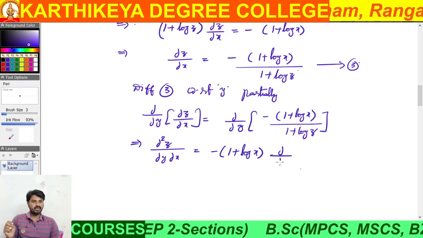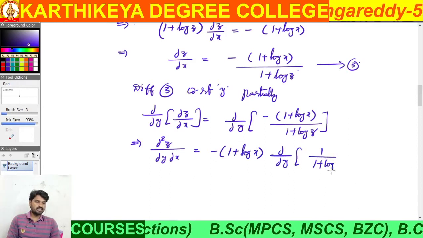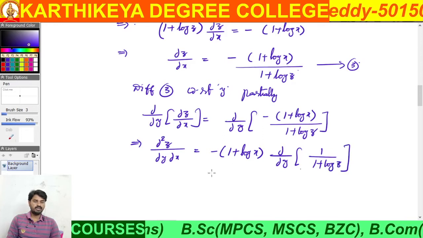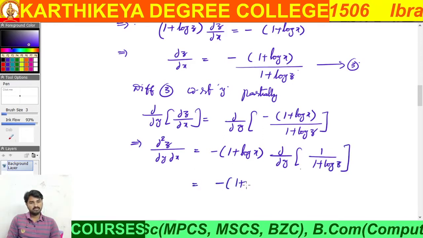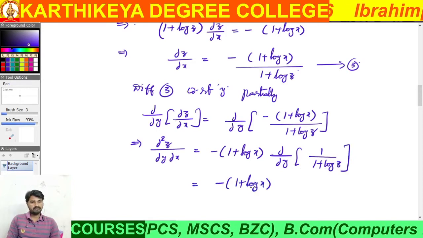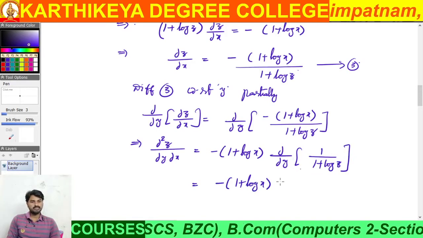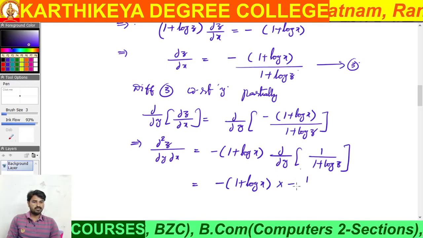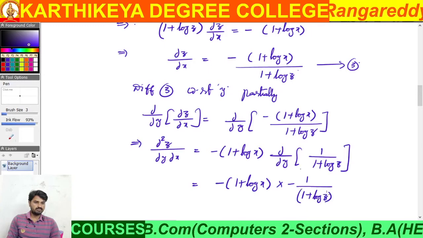Now ∂/∂y of 1 by (1 plus log z). Here z is the dependent variable, so we have to differentiate the independent variable here. So this will be of the form 1 by x formula. The derivative of 1 by x is minus 1 by x square, that is 1 by (log z) whole square.